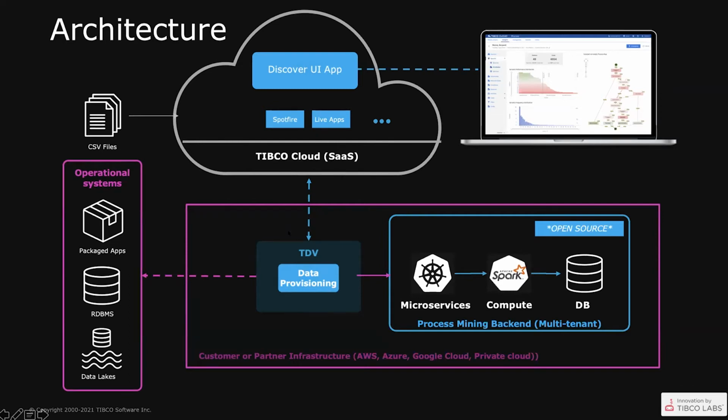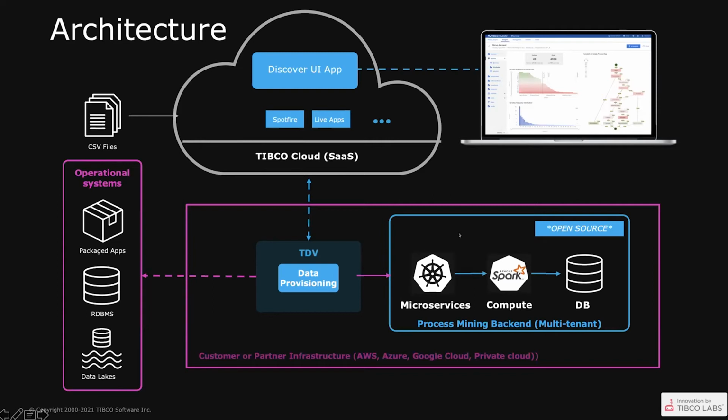We use data virtualization product components to facilitate exposing your data from your system. In purple is the system that you manage and your infrastructure. And the thing in blue here, which is completely open source, is Project Discover, which brings together and orchestrates a number of algorithms and code.